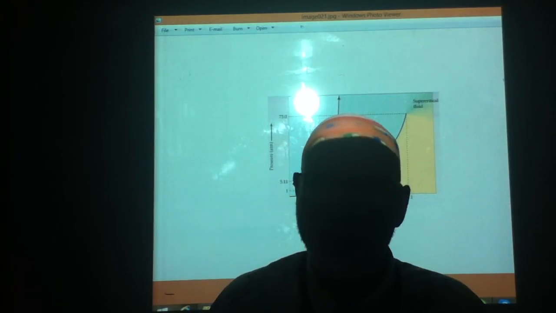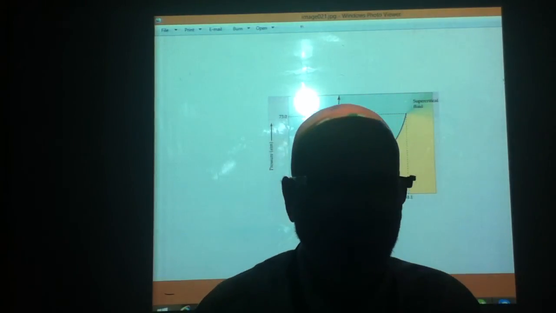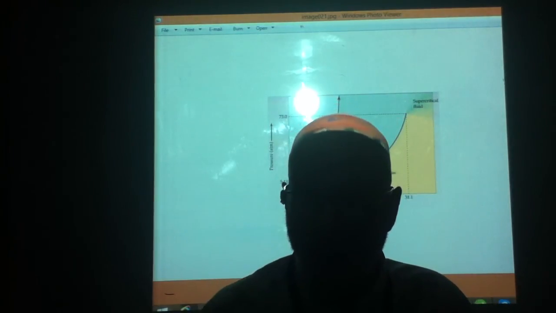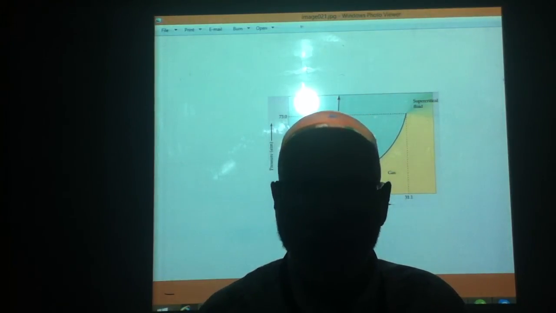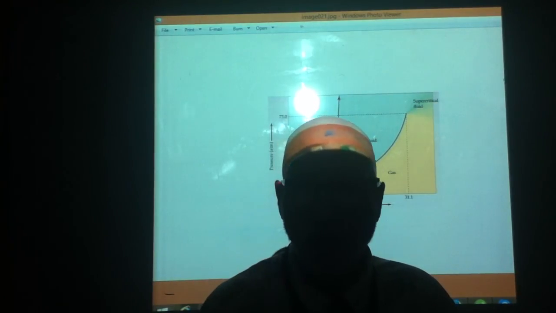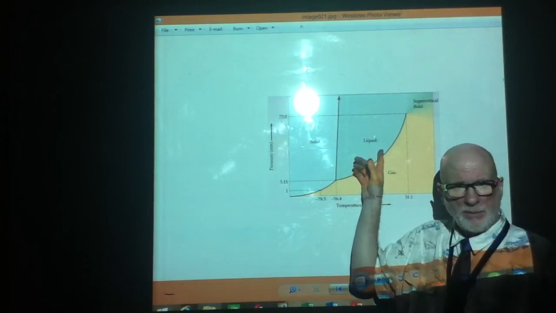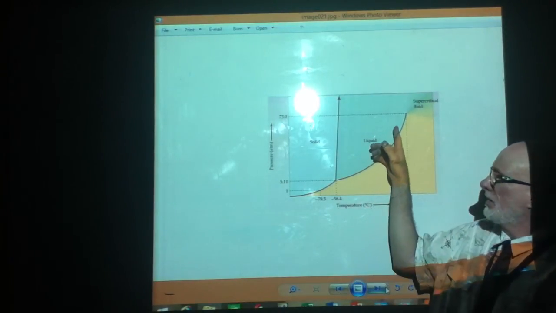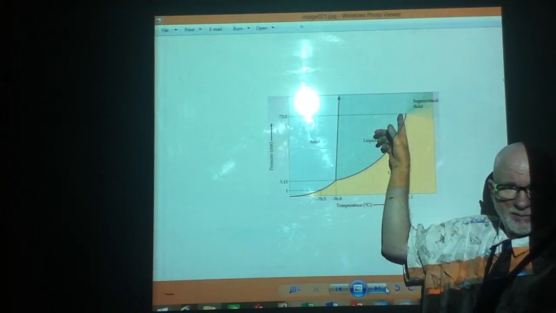We don't really study the supercritical fluids because the study of that is really chemical engineering and high-level thermodynamics. Just understand this. This is what you need to know. That at the liquid-gas interface, there exists a point called the critical point.